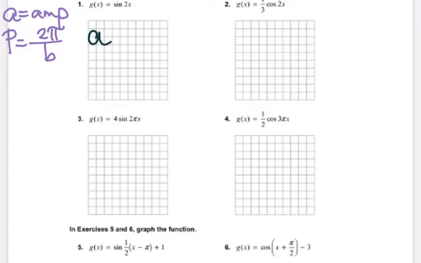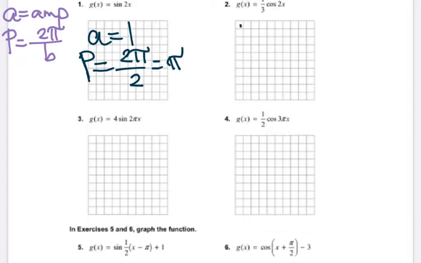So here, A is 1. And because the 2 is directly in front of the x, then B is 2. So your period is 2 pi divided by 2, which means your period is only pi. And I got those numbers from up here.